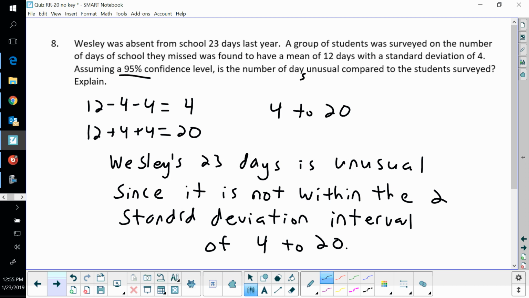Okay, so that 95%, we want to think 2 standard deviations, and 2 standard deviations can be referred to as the margin of error as well.